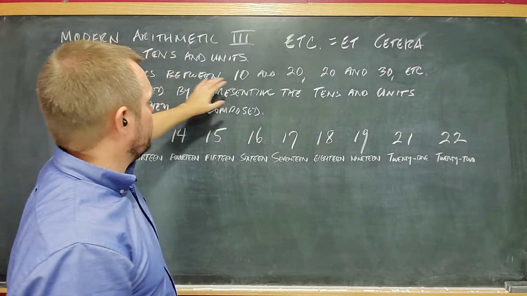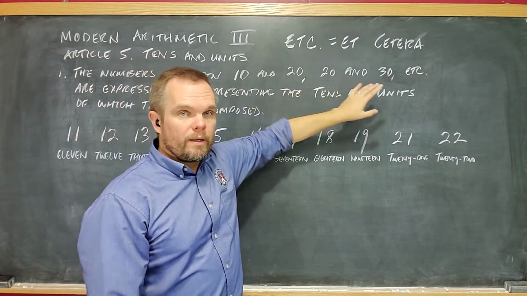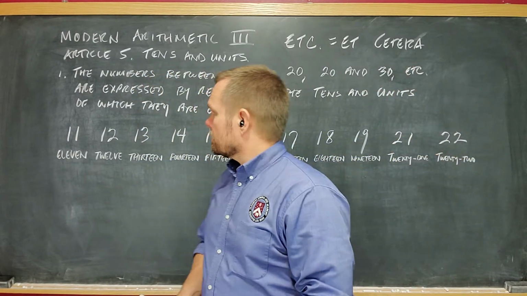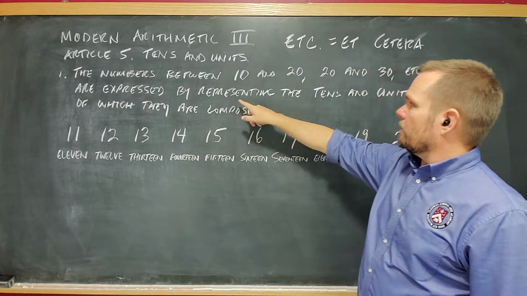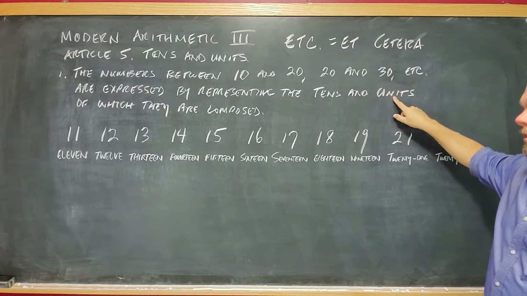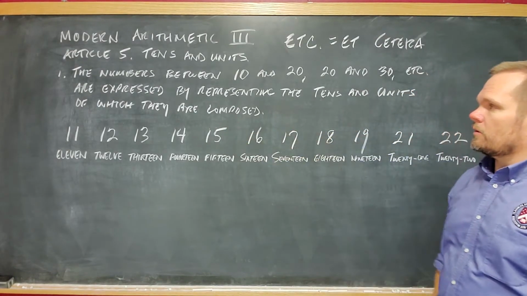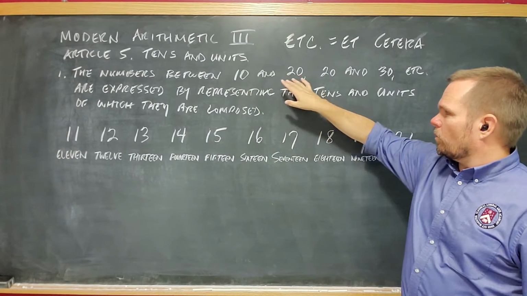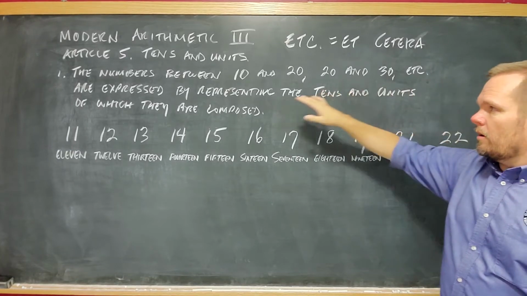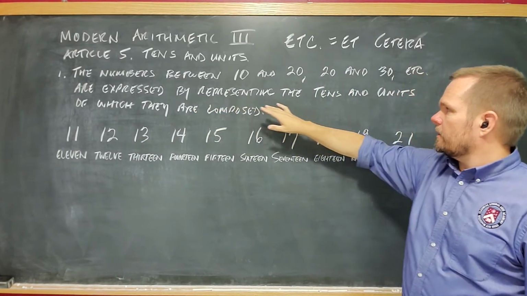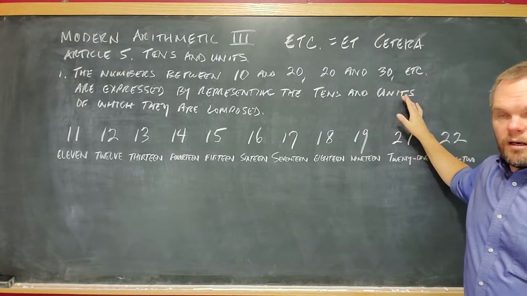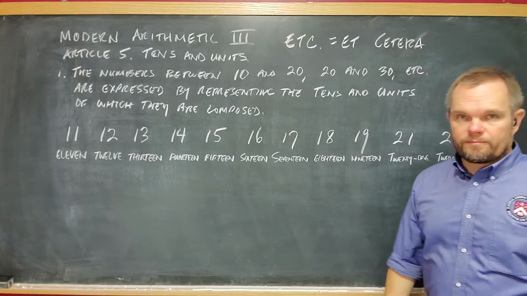So the numbers between 10 and 20, between 20 and 30, etc., and the rest are expressed by representing the tens and units of which they are composed.